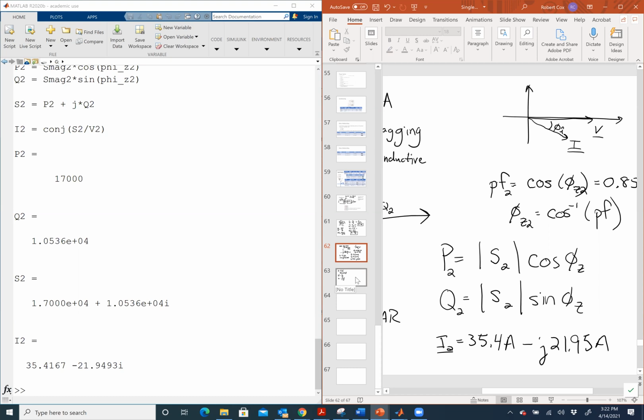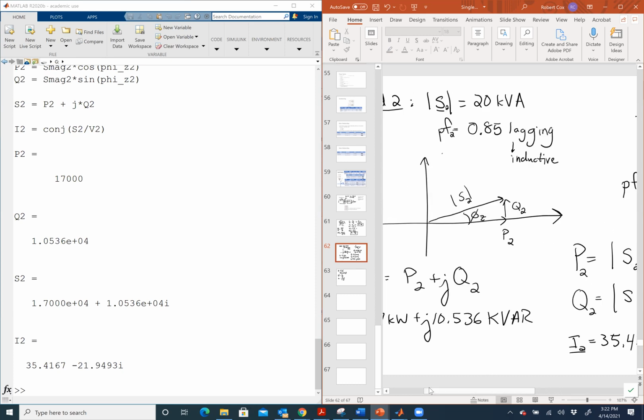Questions up till there? If you find the RMS I2, can you find the absolute value of S divided by VS? Yes, I could have looked at this problem and, to find the I value, said the magnitude of S is equal to VRMS times IRMS. That would have worked too.